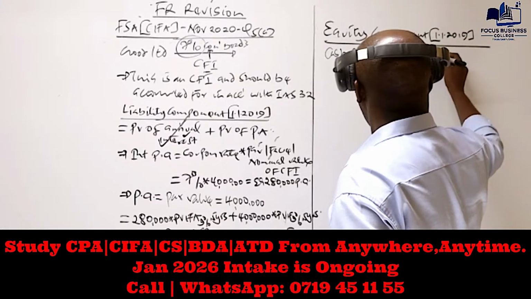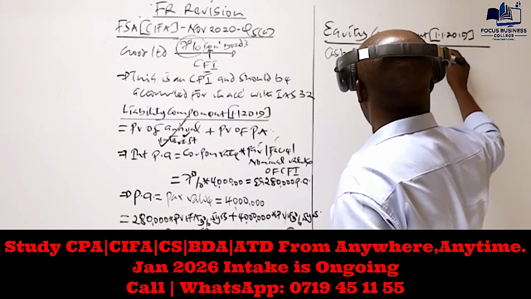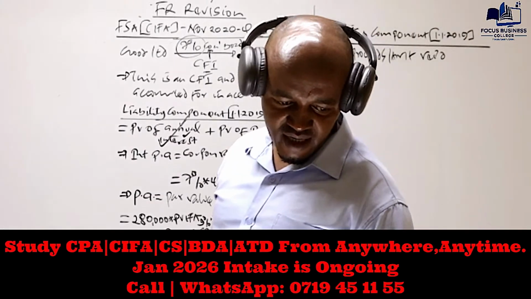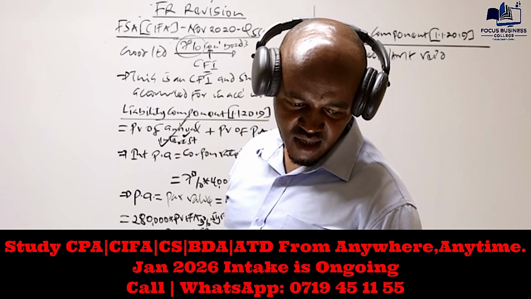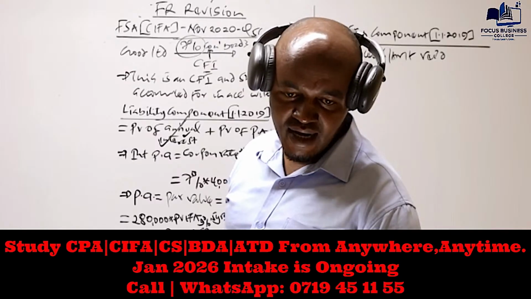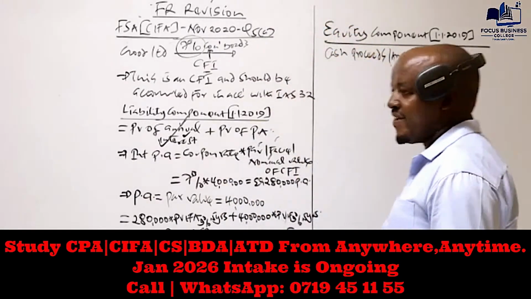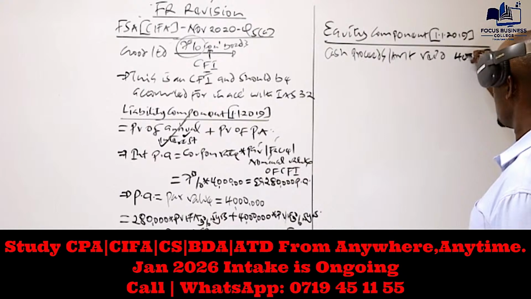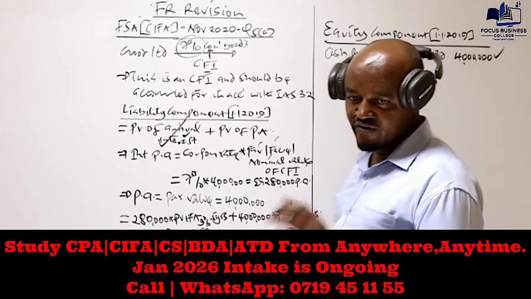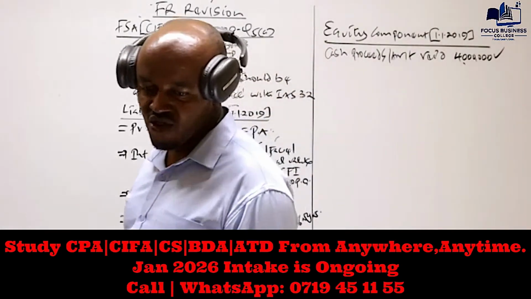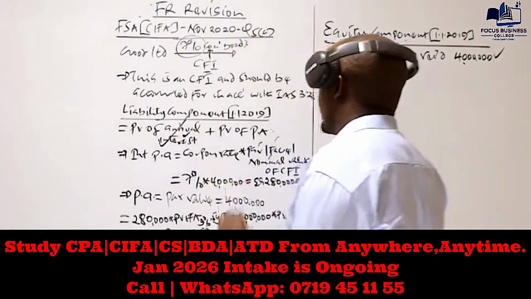That information we have within paragraph 1. We were told the company Good Limited issued shillings 4 million, 7% bonds at par. The par value is 4 million, so the amount received by our company was 4 million because they were issued at par.